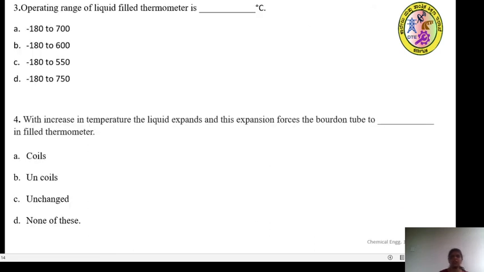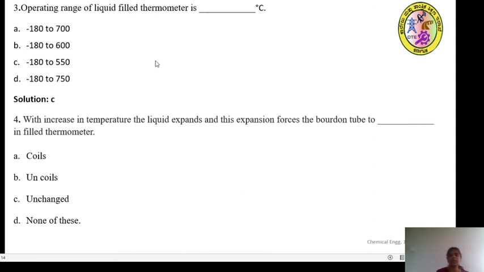Operating range of the liquid filled thermometer is minus 180 to 700, minus 180 to 600, minus 180 to 550, minus 180 to 750. It is minus 180 to 550 degrees centigrade.